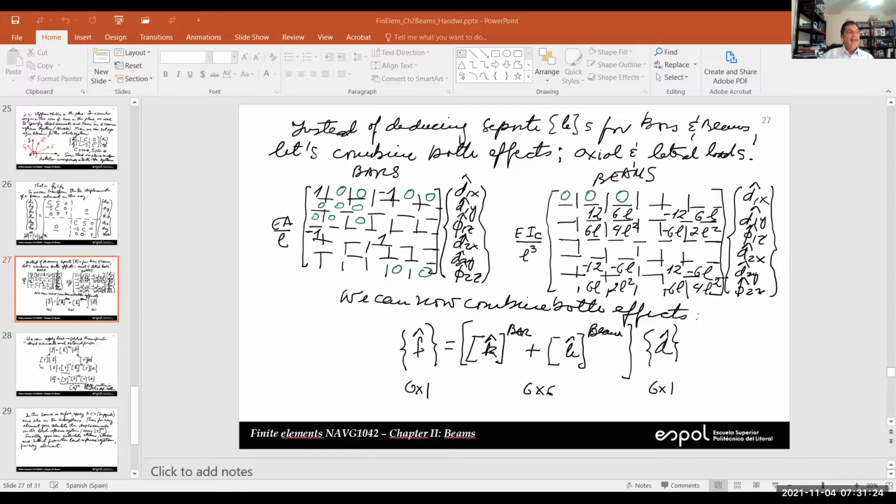So this is the equation that we have to set up in order to establish the equilibrium of one element. This element supports aligned forces and also lateral forces, so we have all of that in here, and all of that.